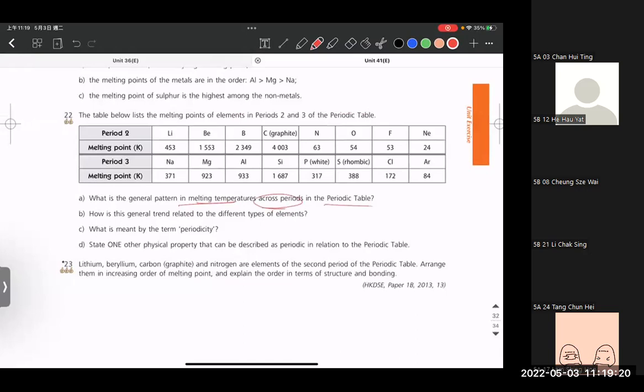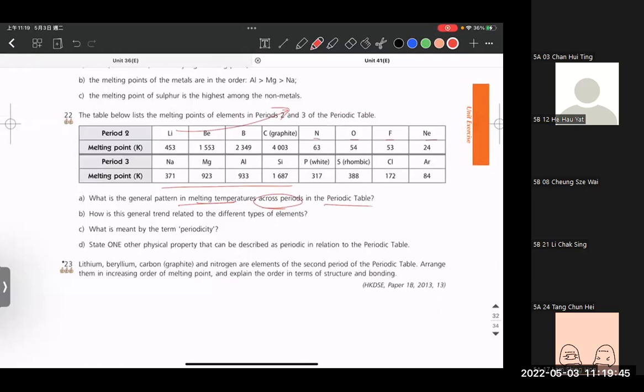How will you describe the trend? It increases, right? From group 1 to group 4, while the melting points for nitrogen, oxygen, fluorine, and neon just remain at low value.